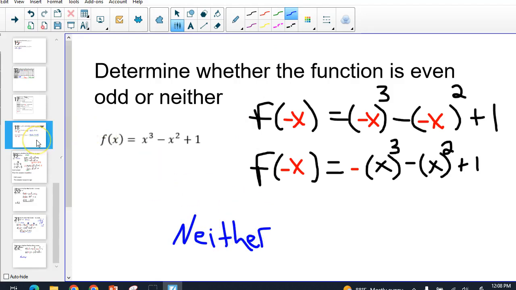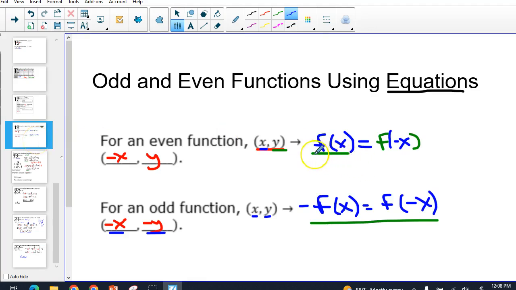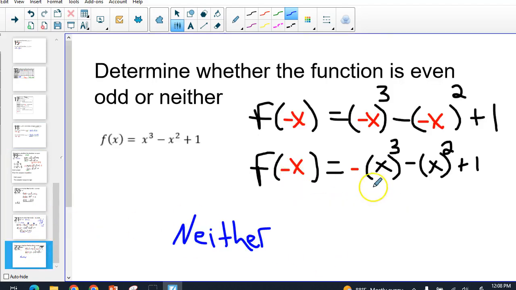Remember, our patterns are that our two equations are exactly the same as we started, or all of the signs changed, because that's what negative f of x is. So, since some of the signs changed, but not all of them, neither pattern popped up, so we do not have an odd or even function. It's neither.